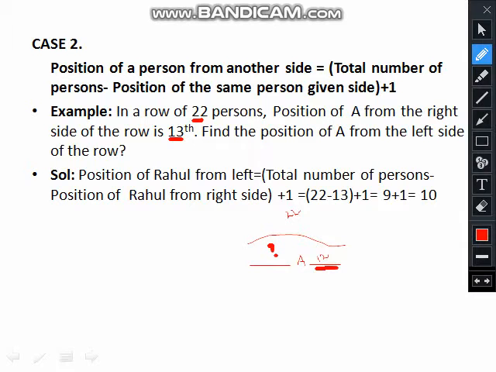We have to find how many persons are after A. According to the formula it is 22 minus 13 plus 1, but simply think: 22 minus 12 gives 10. If we choose 22 minus 13, we are including A in it, so better 22 minus 12, which is 10. So the position of A from the left-hand side is 10th. Hope you understand.